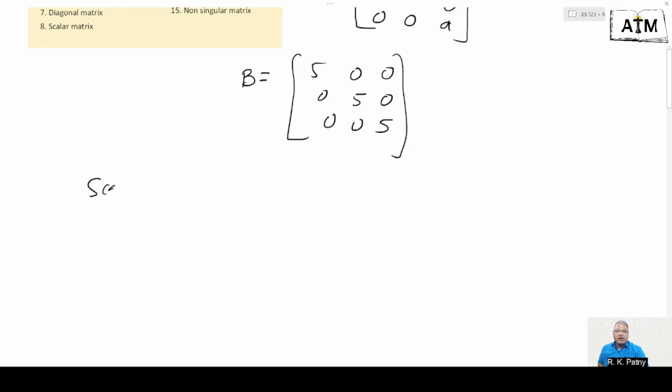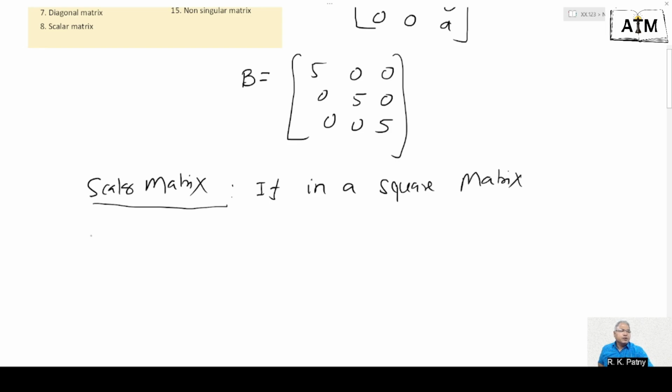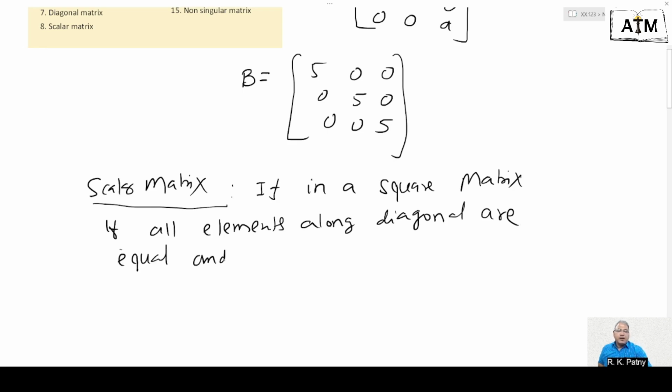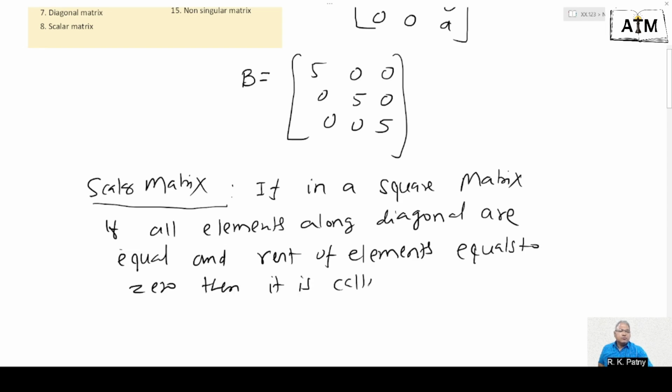So the definition of scalar matrix: if in a square matrix, all elements along the diagonal are equal and the rest of the elements equal to 0, then it is called a scalar matrix.